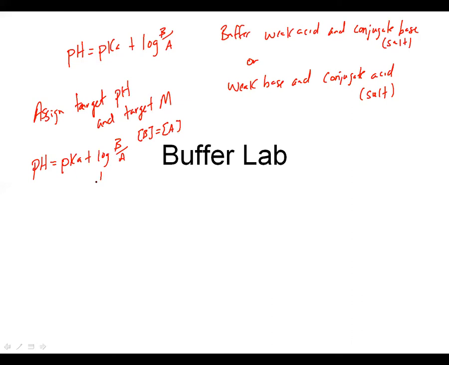And that means that in selecting a good weak acid or weak base to make a buffer from, you do want to choose one that is plus or minus 1 of the pKa value. So plus or minus 1 of the pKa value is a good choice in making a buffer.